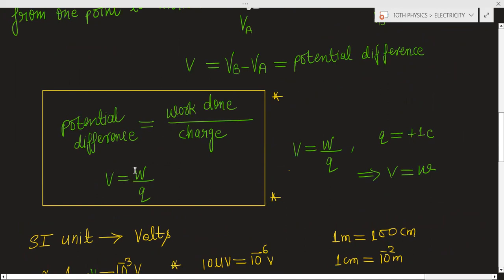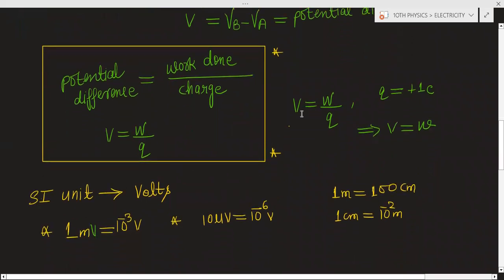Potential difference is equal to work done divided by the charge. Earlier we also discussed why you do this work, what the charge is, and what the potential difference is.